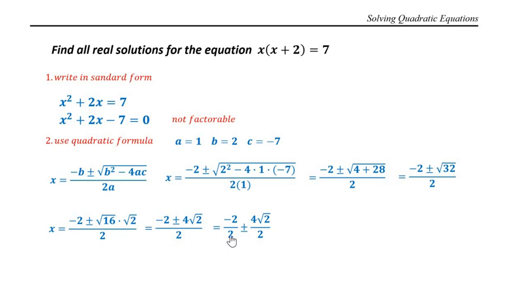So we can cancel on the left side here as well as on the right side, which would leave us with a final answer of negative 1 plus or minus 2 times square root of 2. And so our two possible answers are going to be negative 1 plus 2 square root of 2 or negative 1 minus 2 square root of 2. And that would be the two real solutions for this problem.